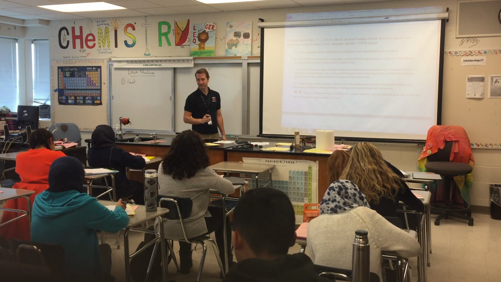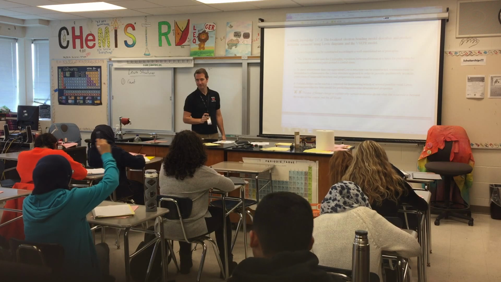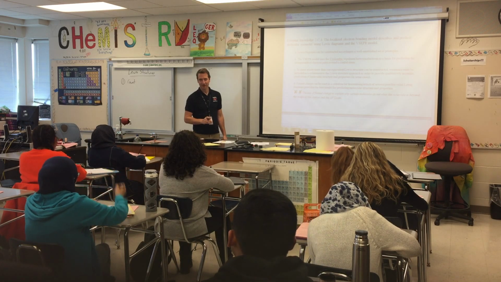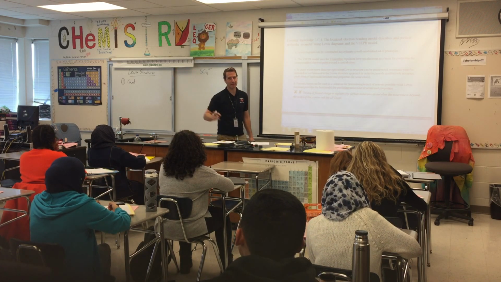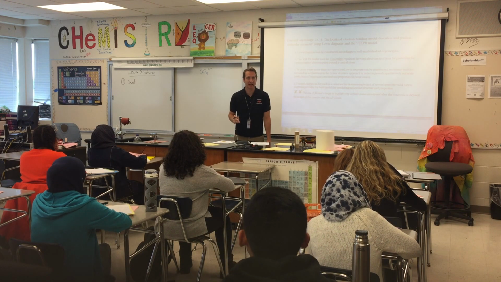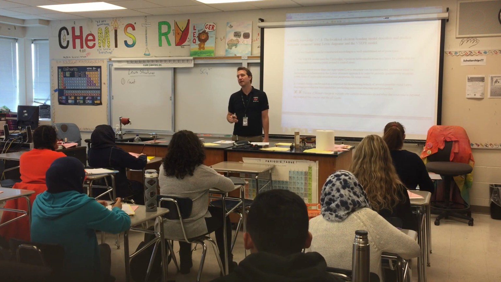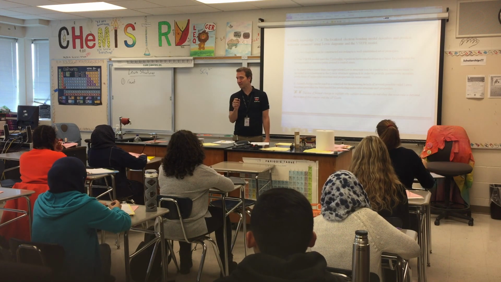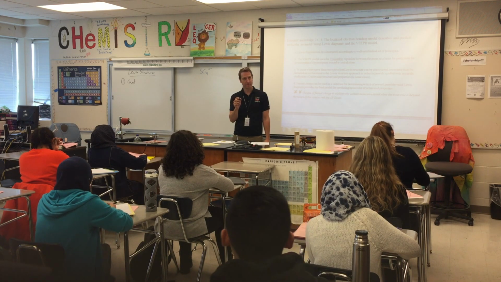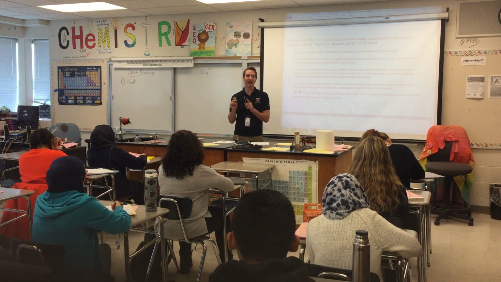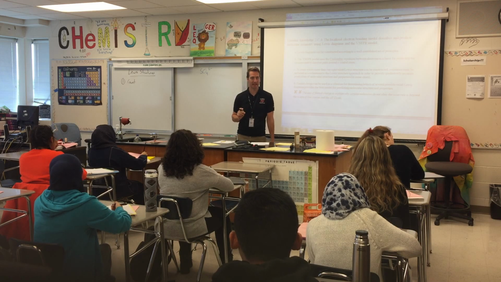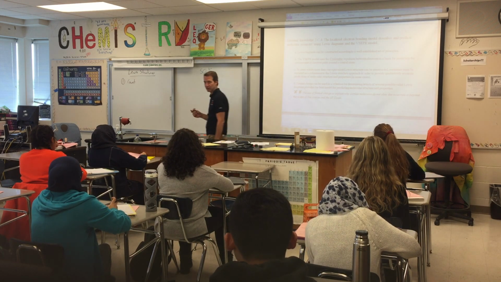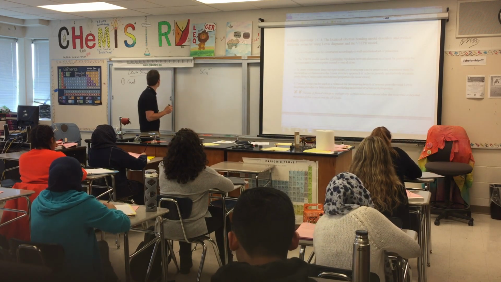How do we do it? Okay, some people remember 1, 2, 3, 4, 5, 6, 7, left to right, skipping the d block on the periodic table. The other way to do it would be to write out the electron configuration, pick out the subshells with the highest numbers in front, and count how many electrons are in there. That's another way to tell you how many valence electrons something has.